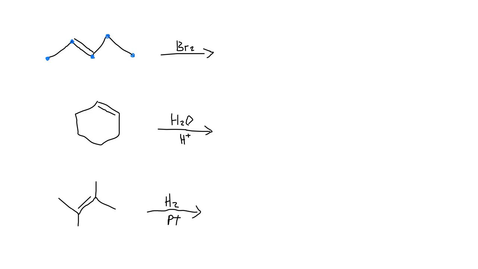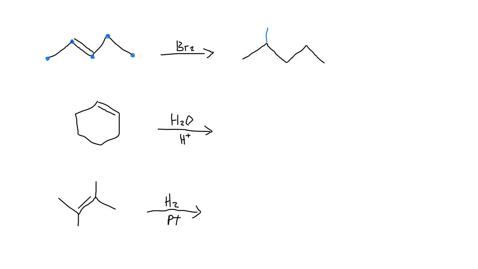So I will simply redraw the same thing to start, because the skeletal structure does not change, the carbons don't change. I'm just adding a new bond in place of the double bond. So the double bond goes away, and I'm going to add two new bonds. Each of the double bonded carbons is going to get a bond to bromine.